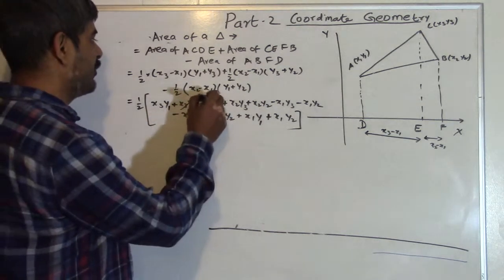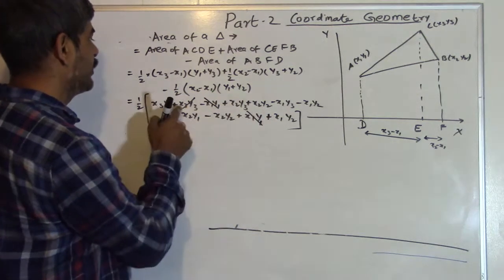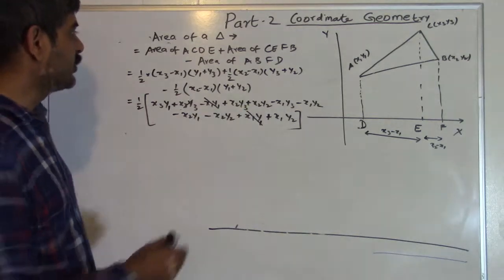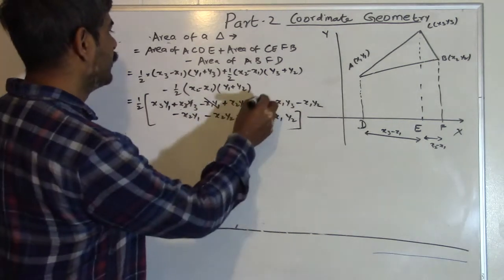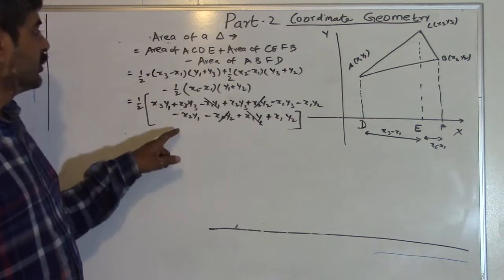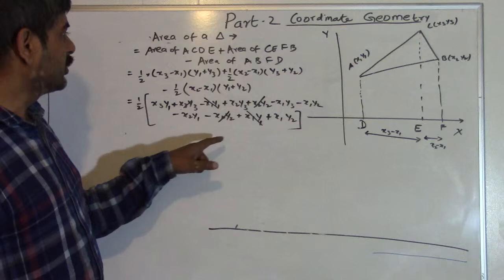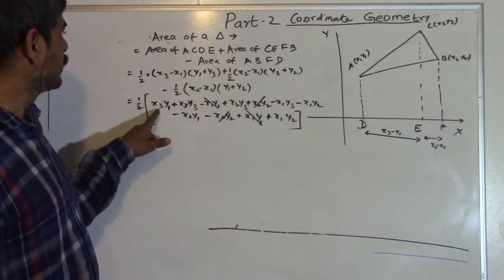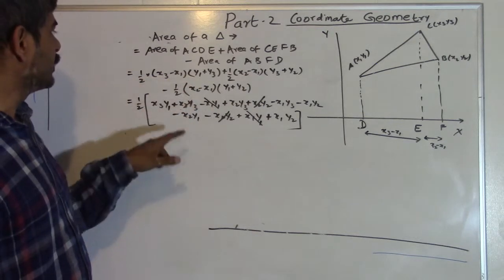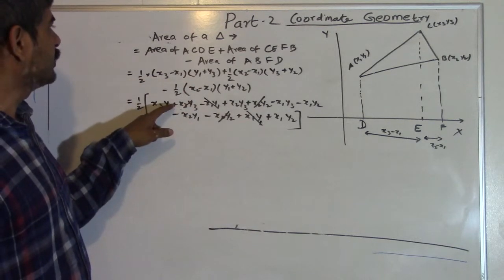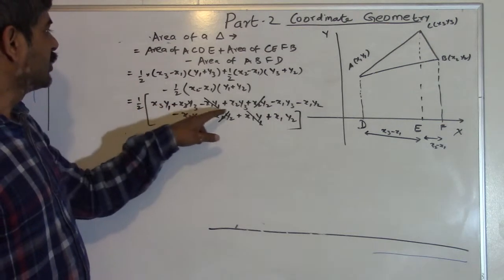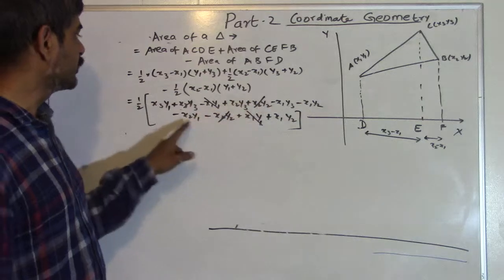So this x3 y3 cancels out, this x1 y1 will cancel with x1 y1 here, and then x2 y2 here will cancel with x2 y2.